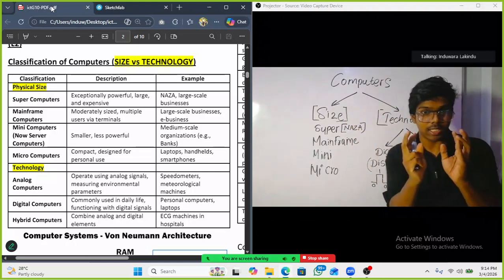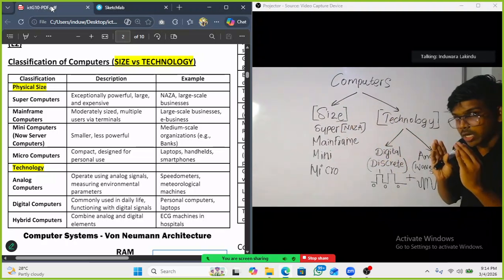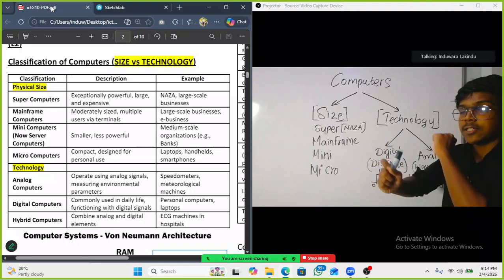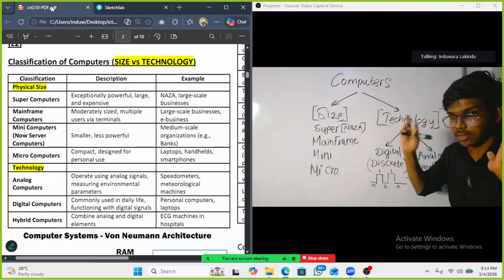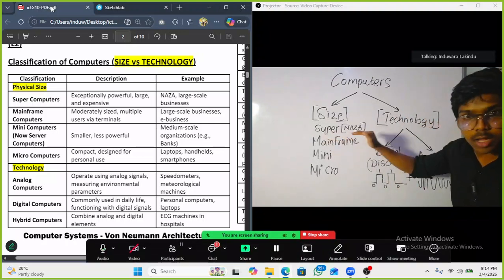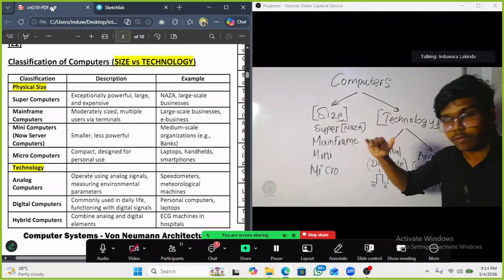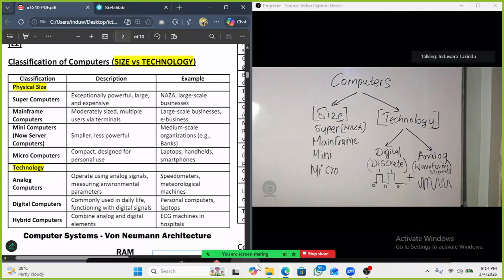Those words are really big for you, don't think about them now. Supercomputers are mainly for analyzing things and doing hard calculations, big things. So the companies that use these supercomputers are NASA, SpaceX, that level of companies. Any doubts? No, neither.